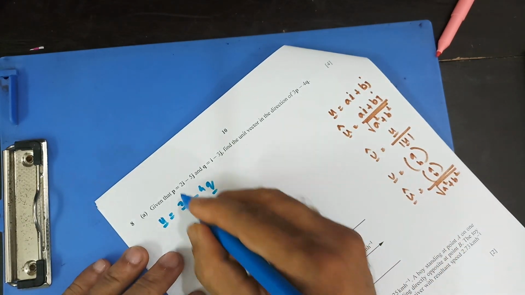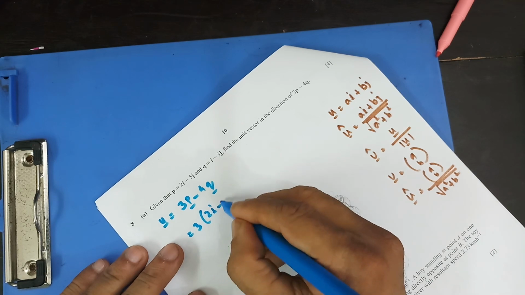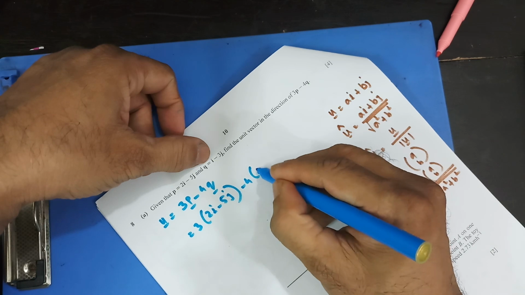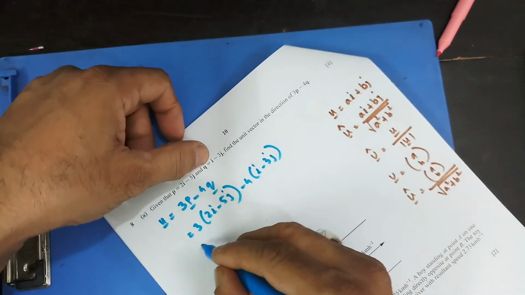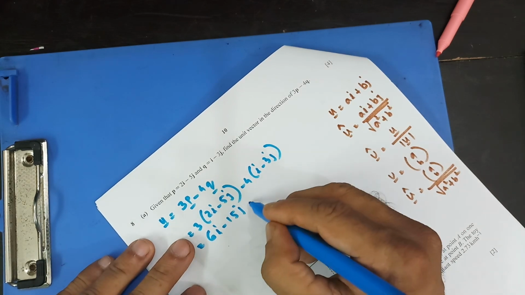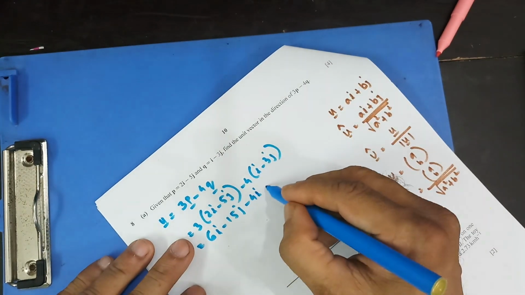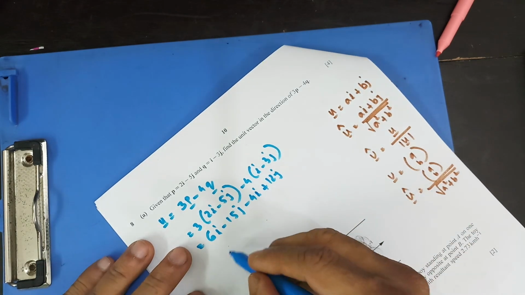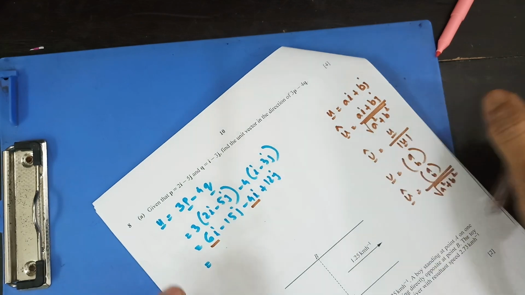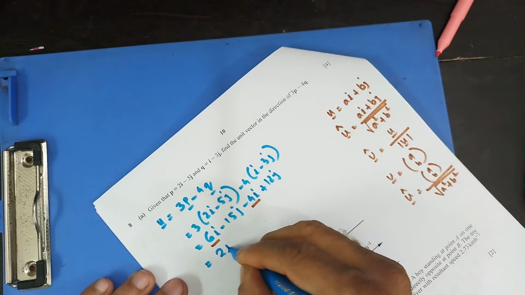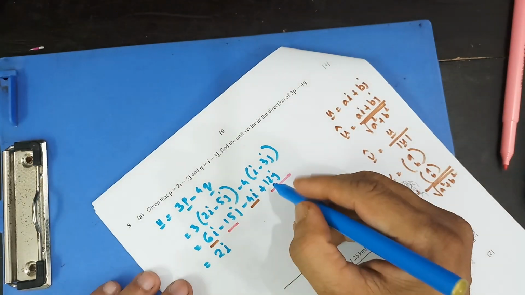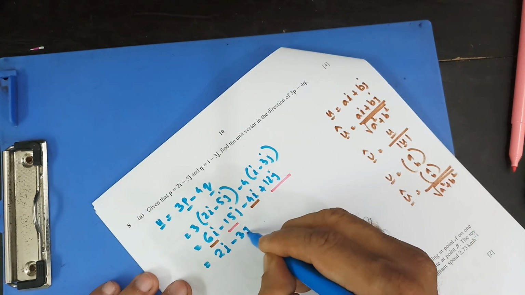So 3P is going to be 3 times (2i minus 5j), and minus 4 times Q, which is (i minus 3j). If I take the brackets off, 6i minus 15j minus 4i plus 12j. So I'm going to have 6i, these are like terms, 6i minus 4i, that's 2i, and these are like terms, minus 15 plus 12, that's minus 3j.